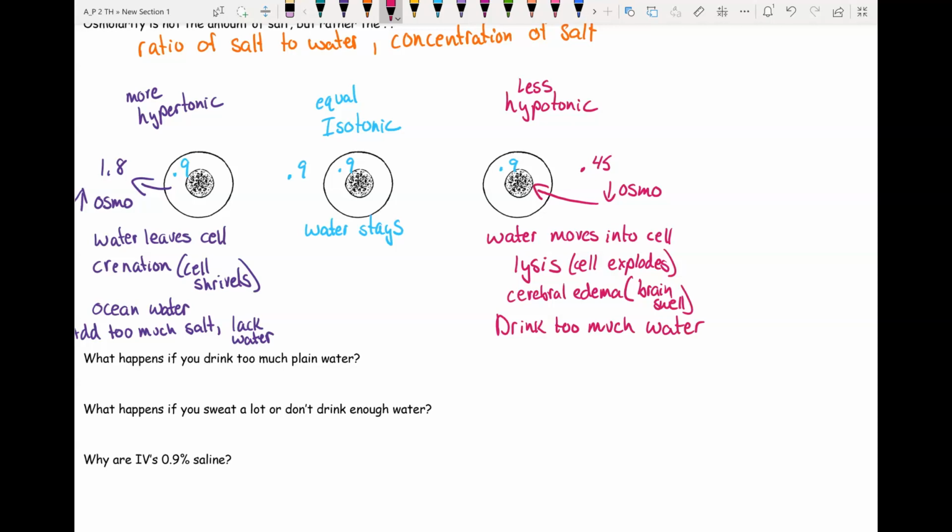Remember in chapter 4, the Wii contest the radio station had where you had to drink a bunch of water and then you won a Wii gaming system, and the woman who won died because she drank too much water and made her blood hypotonic. And this could also be from a very low sodium diet.